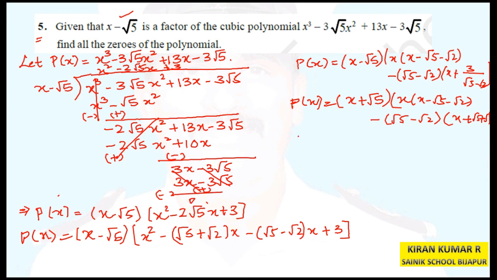Now if you further simplify, p of x can be written as x minus root 5. Sorry, the previous step is minus root 5.